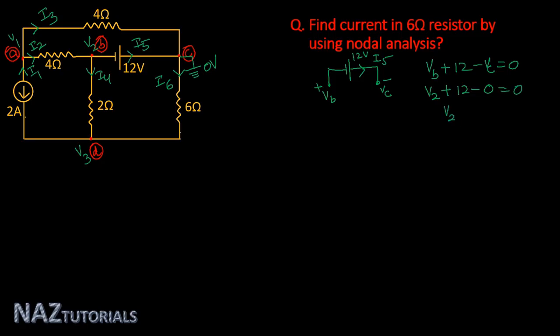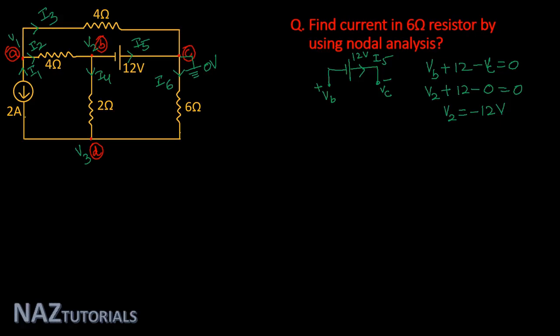So here we get V2 is equal to minus 12 volt. In this circuit, we have to find current in the 6 ohm resistor, and one node voltage, V2, is already calculated.